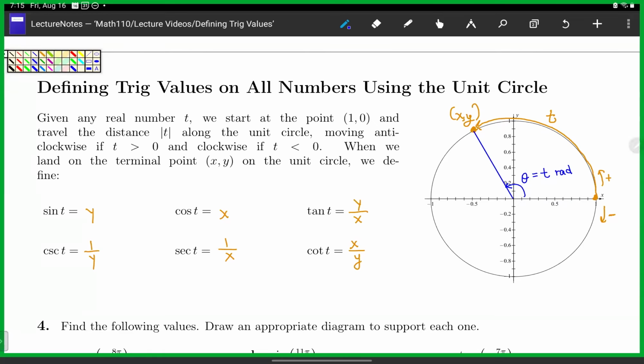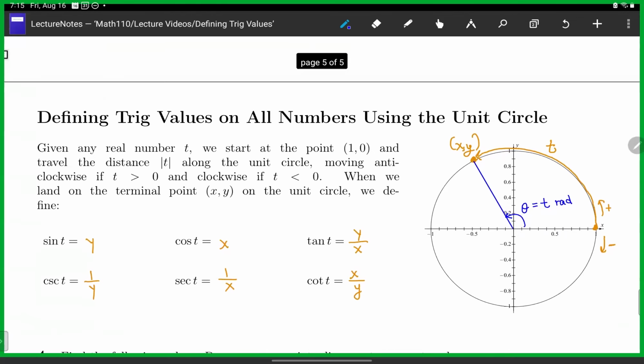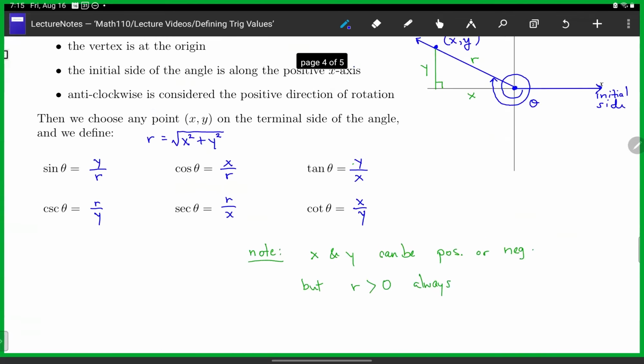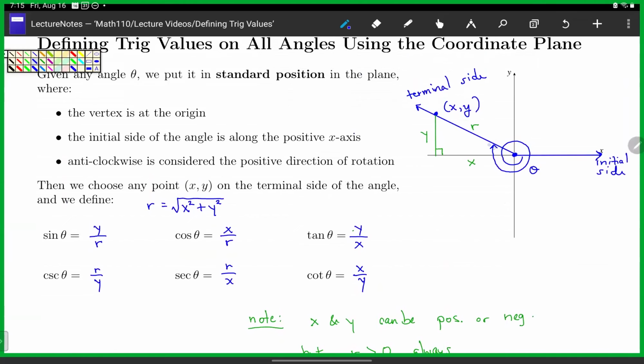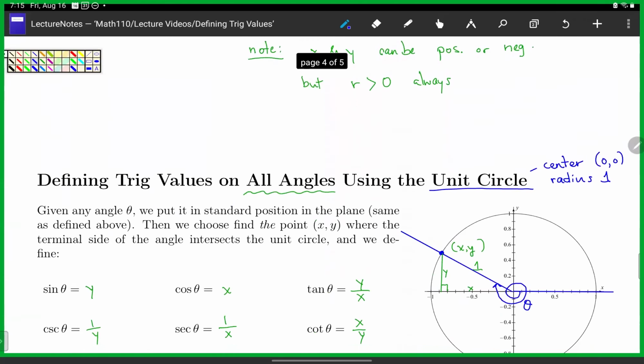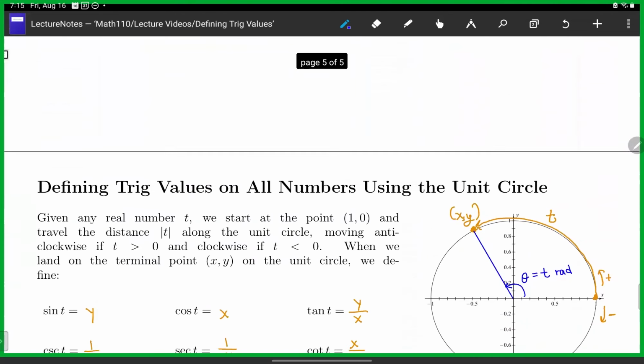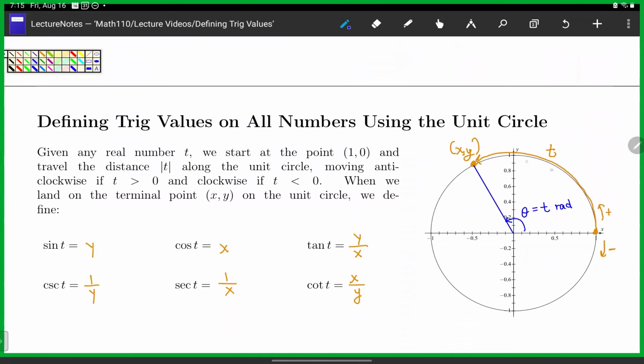And so it basically comes down to either putting an angle into standard position in a plane and picking some arbitrary point on the terminal side of the angle, or specifically choosing the unit circle point, or thinking of this distance not as a radian measure length, but as a distance along the unit circle.